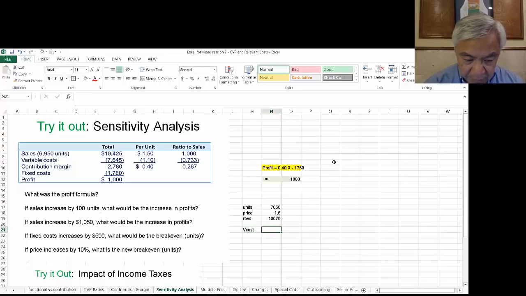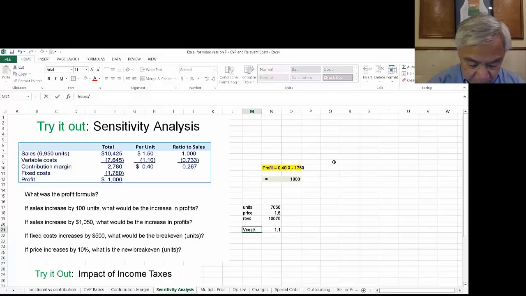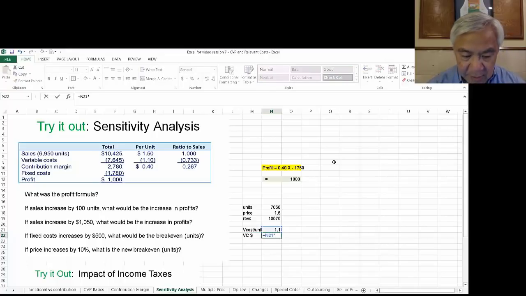is equal to $1.10, and this is per unit, and the variable cost in dollars is that times the units, same number there.